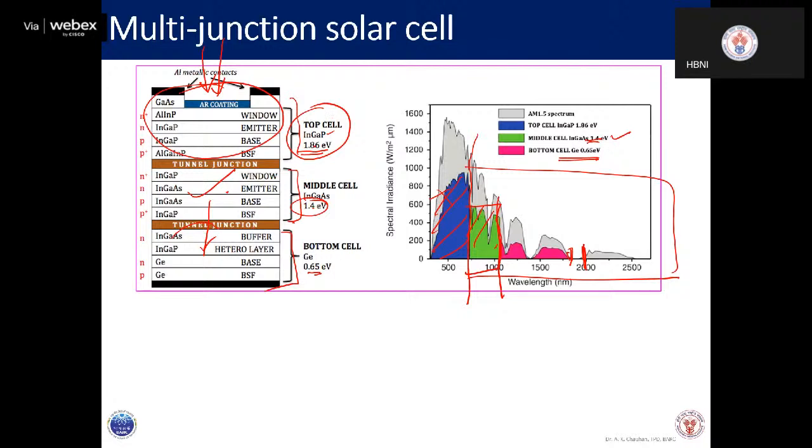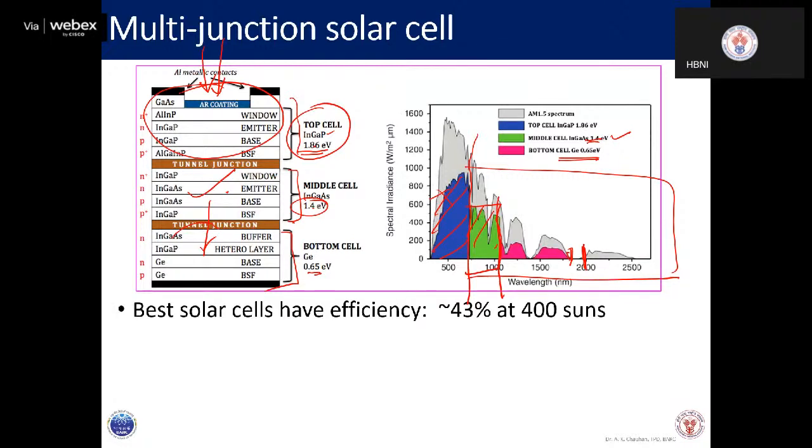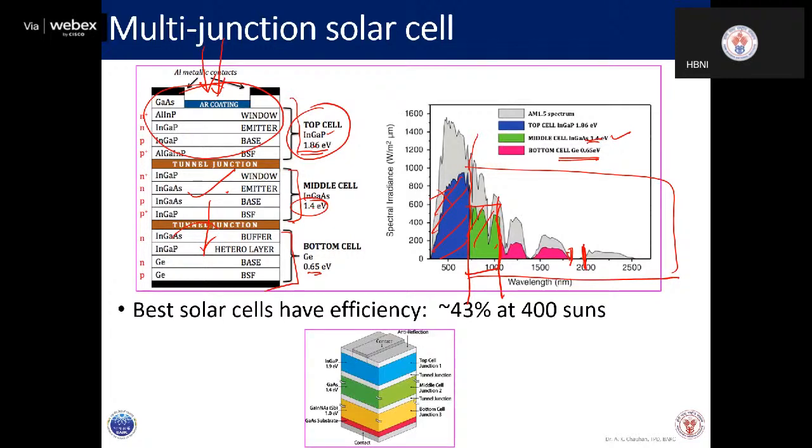So by making use of three different junctions, you have enhanced the efficiency. By doing this kind of multi-junction assembly, very high efficiencies of about 43% have been achieved.